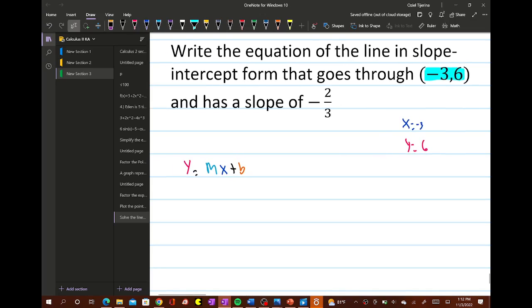We know from the definition of slope-intercept form that m is your slope, and the problem says the line has a slope of -2/3, so m equals -2/3.